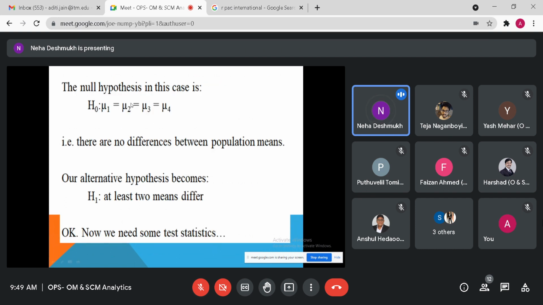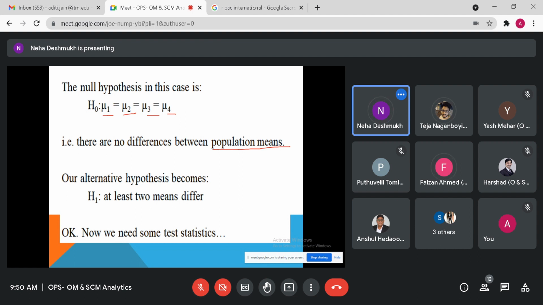Now, see the null hypothesis. The null hypothesis in this case will be H0: mu1 = mu2 = mu3 = mu4. What does it mean? It means that there is no difference between the population means. Class, are you with me?